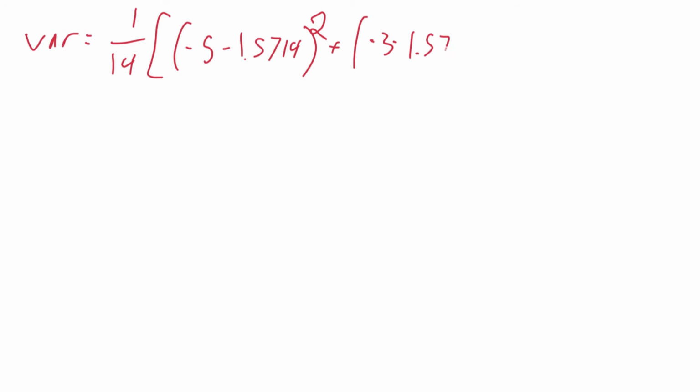For the variance, I have to divide by the number of elements, and then I take the first element, minus 5, and I subtract the mean, square. Second element, subtract the mean, square, and so on up the list.